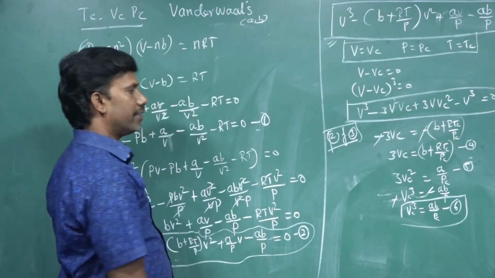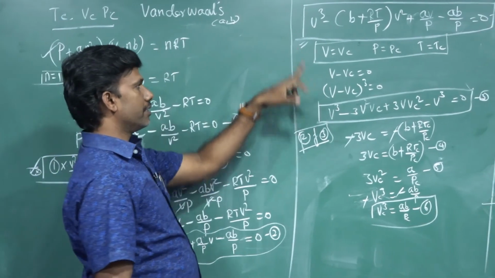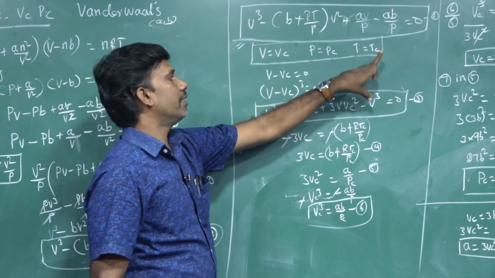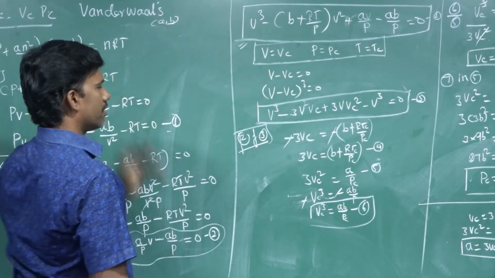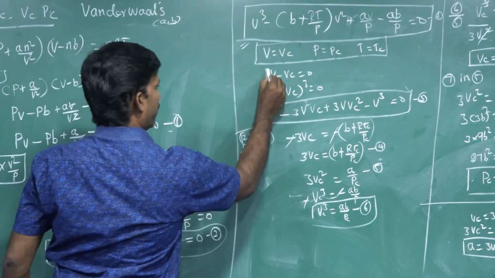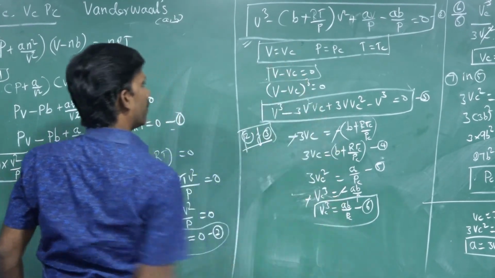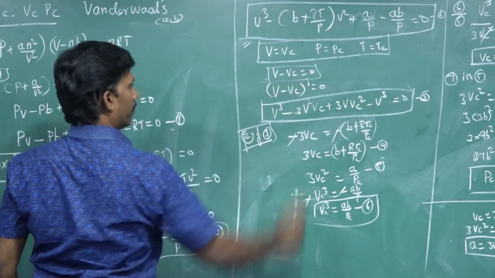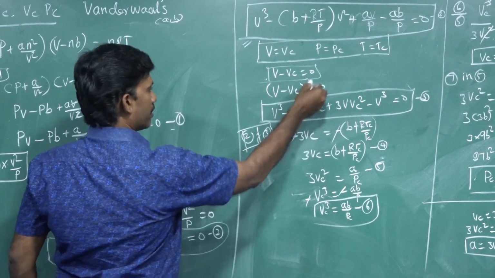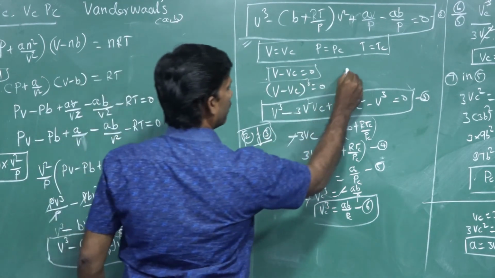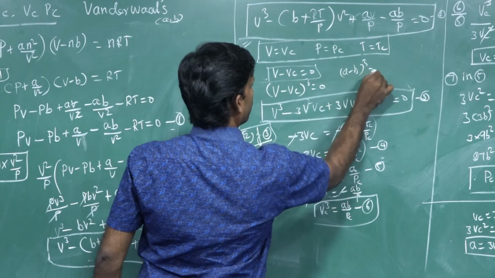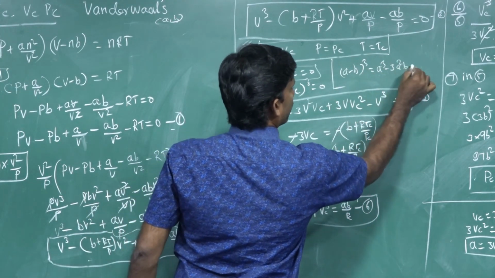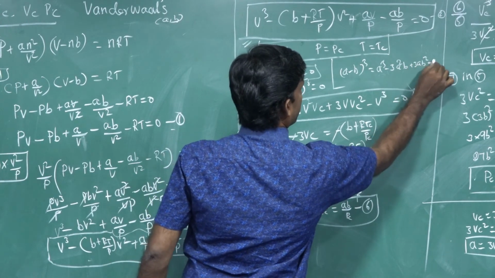Then I am going to apply the critical condition. What is the critical condition? At the critical condition, the volume is called VC, pressure is called PC, temperature is called TC. So V equal to VC means V minus VC equal to 0. For the cubic equation, if we take (V minus VC) whole cube, there you can apply the (A minus B) whole cube formula, you know very well: A cube minus 3A squared B plus 3AB squared minus B cube.